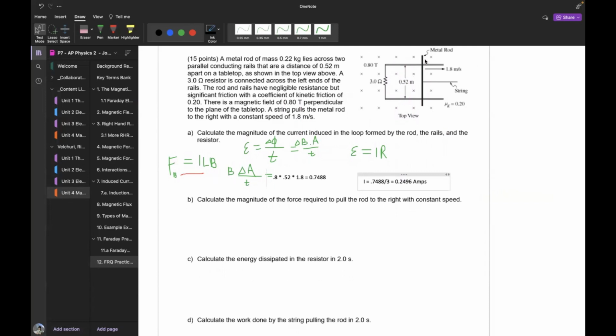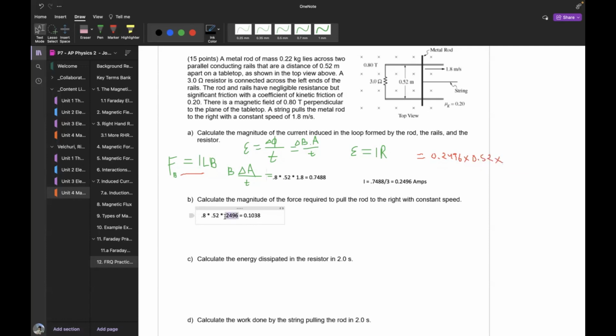So just take 0.8 times 0.2496 times 0.52.